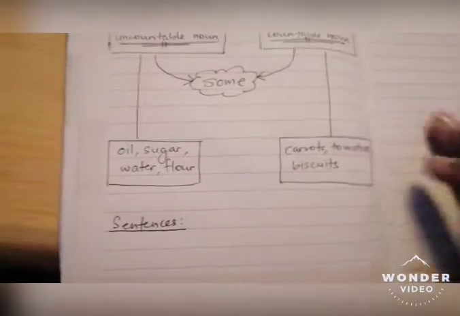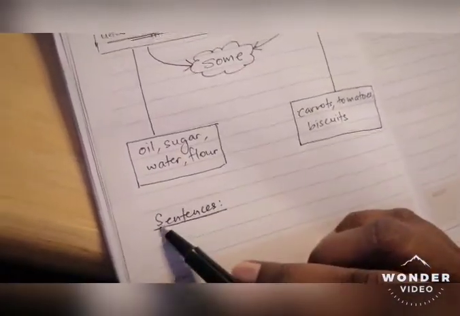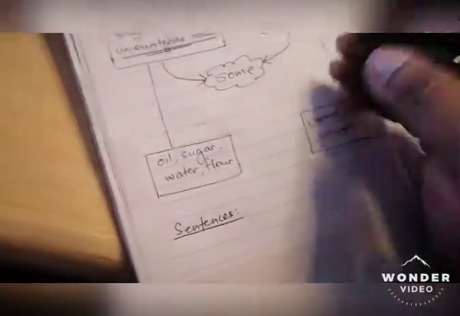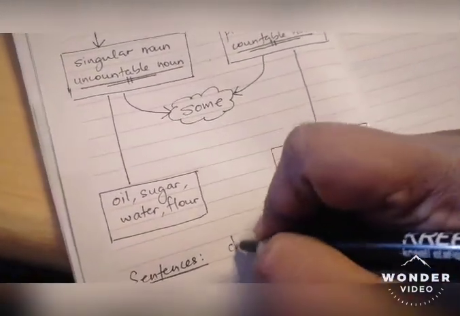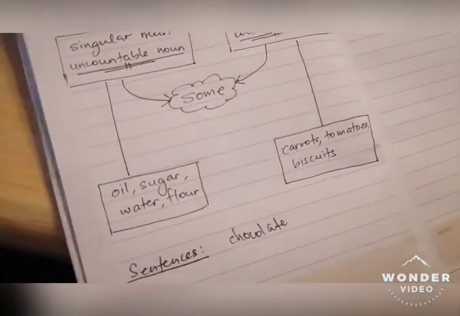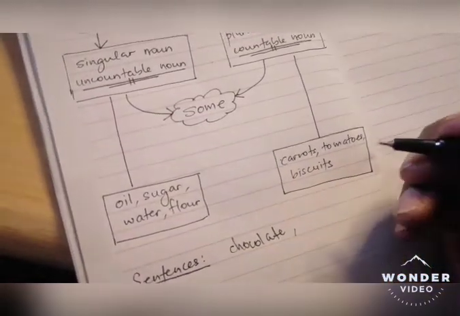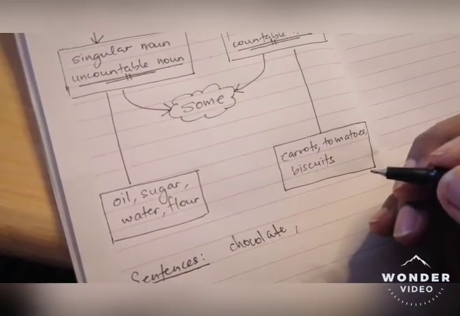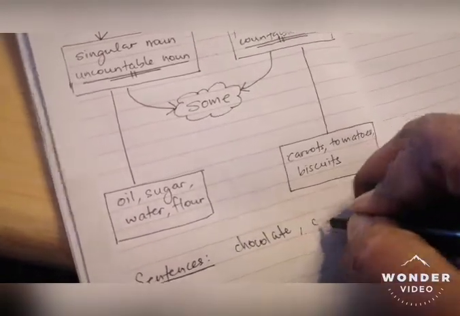So I'm going to give you a few words, and we are going to construct some sentences. The first one, chocolate, and the next one will be cakes.